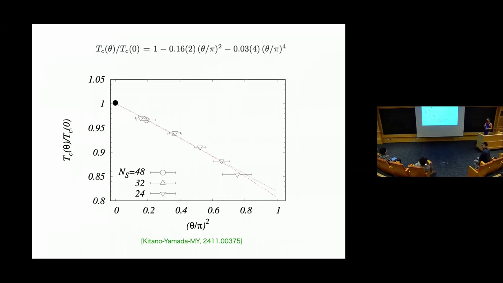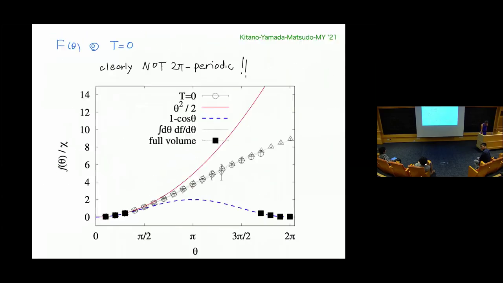When you showed this plot, as it goes to pi, it's still not coming down. But I'm confused about something very basic: why are you stuck with one branch? Why are you not crossing the branch? That's a good question, and the reason is related to how you evaluate the integral.